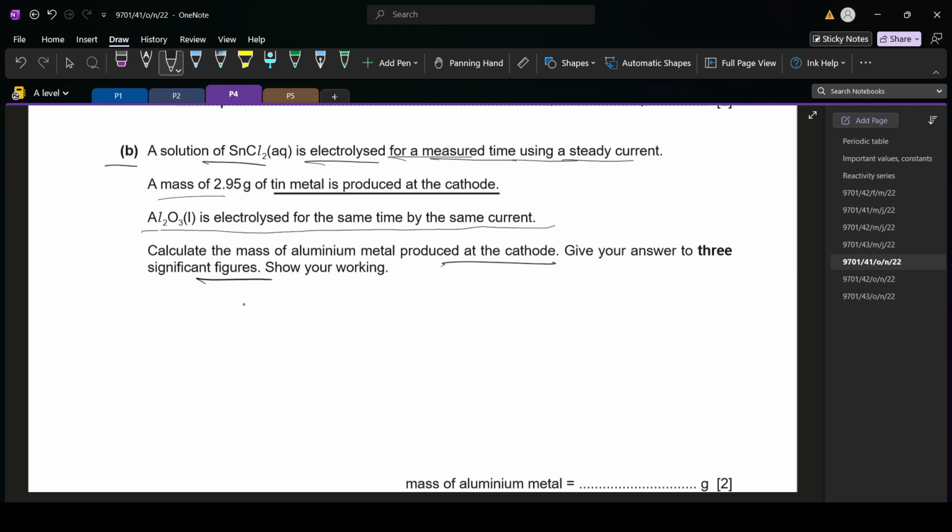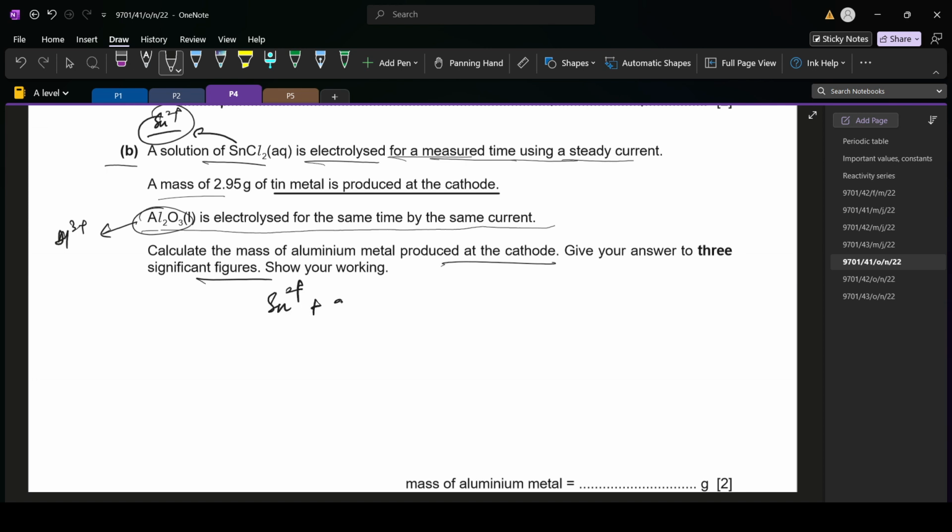So in this, what is the oxidation state of aluminum? It is Al3+. And this tin has a charge of 2+, so the oxidation state of tin is 2+. When tin is formed at the cathode, what will be the reaction?